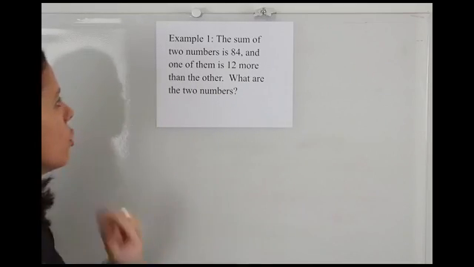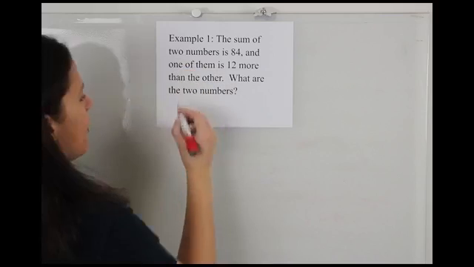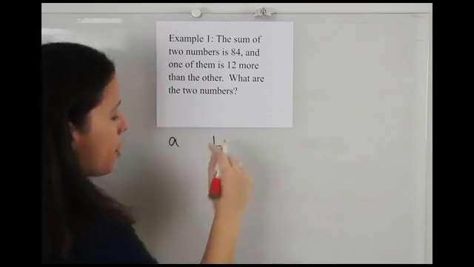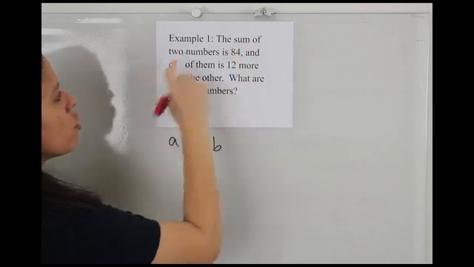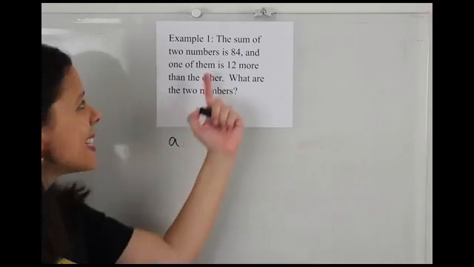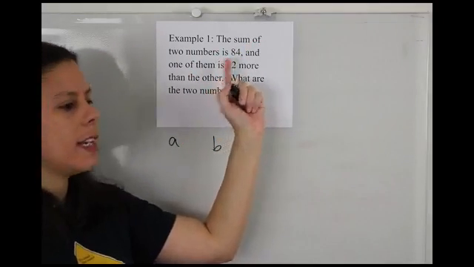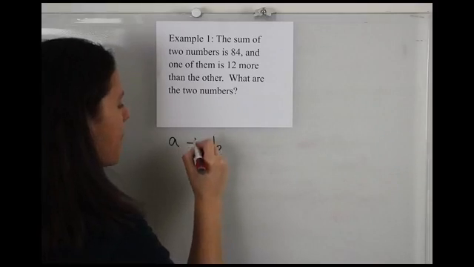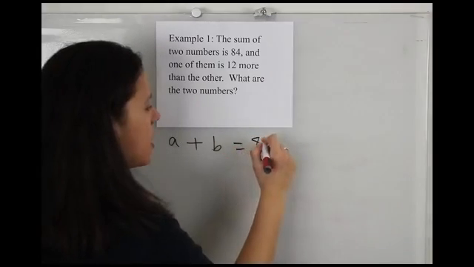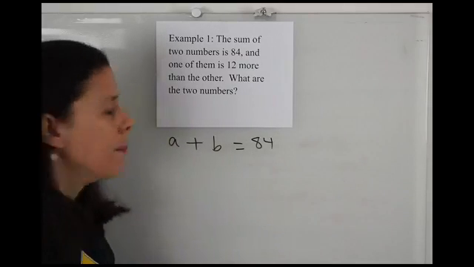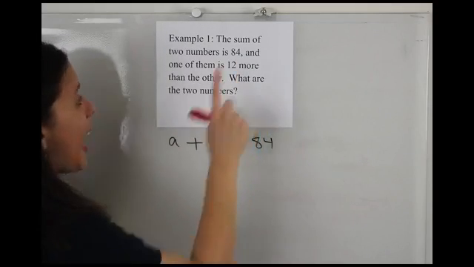So I'm gonna call them number A and number B. I don't know what they are, but I know that the sum of those two numbers is equal to 84, right? So A plus B, the sum of those two numbers, is 84.